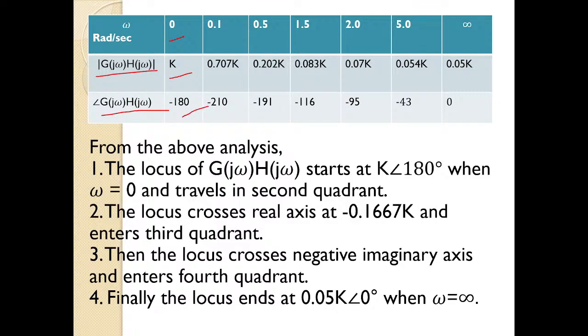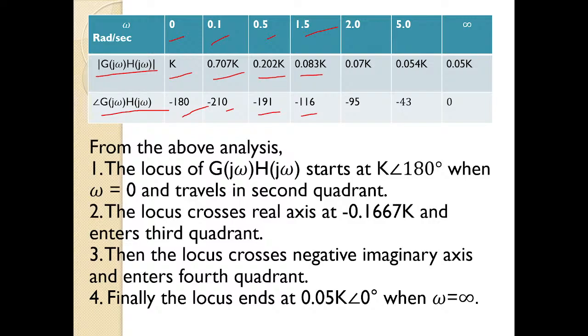When omega is 0.1, the magnitude is 0.707 K and the phase angle is minus 210. When omega equal to 0.5, the magnitude is 0.202 K and the angle is minus 191. For omega 1.5, the magnitude is 0.083 K and the phase angle is minus 116.